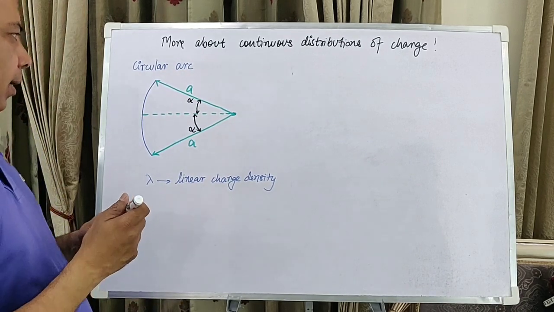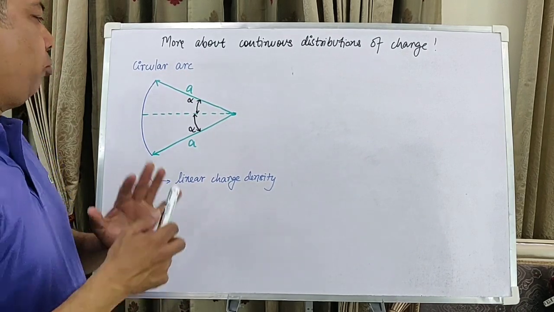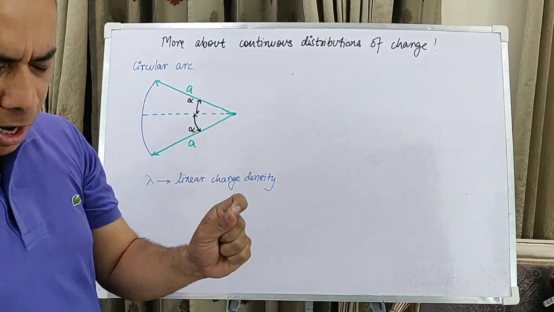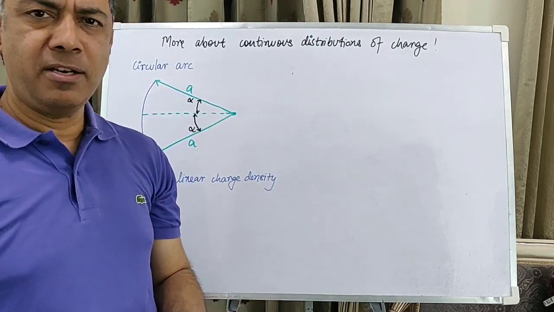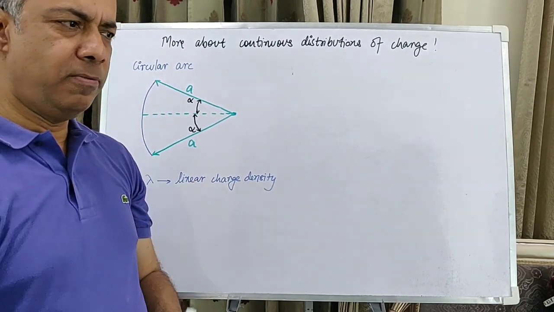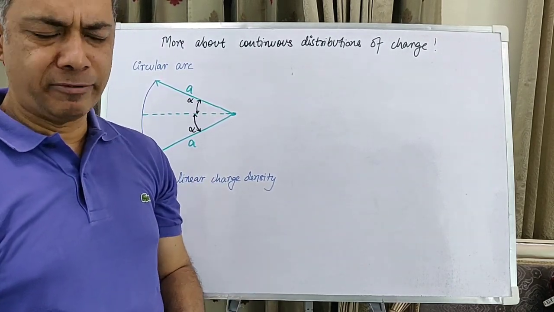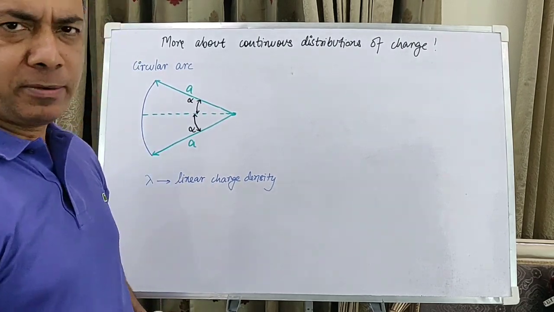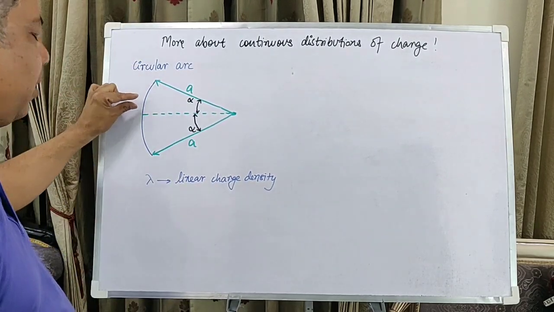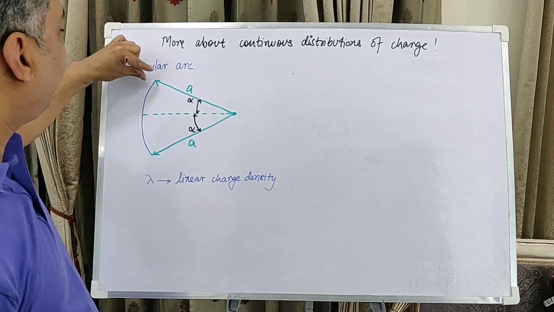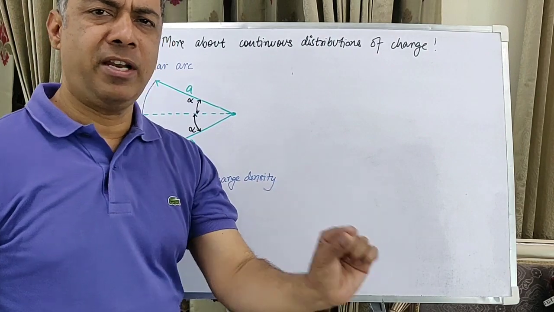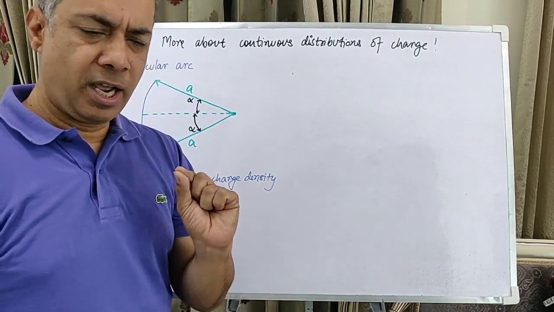Now, like we usually do with these continuous distributions of charge, we divide the continuous distribution of charge into a very, very large number of tiny little point charge elements.